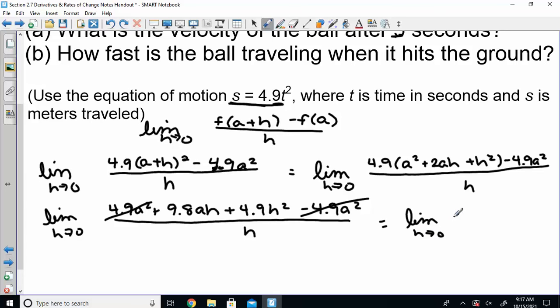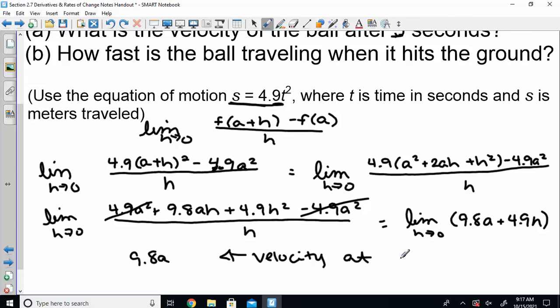Everything that's left can be divided by h. So if I do that, I get a 9.8a plus a 4.9h. If I plug in 0 for my h, I get 9.8a. So this is basically my shortcut.